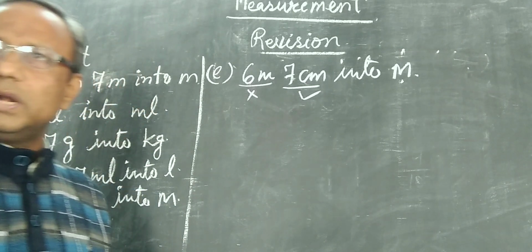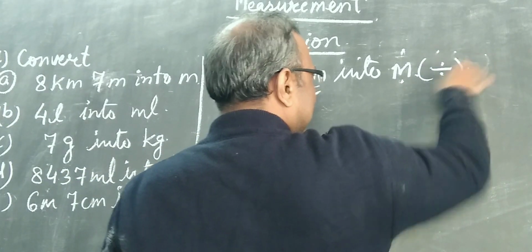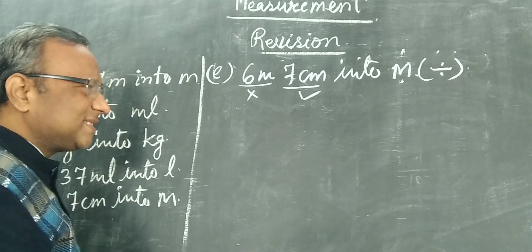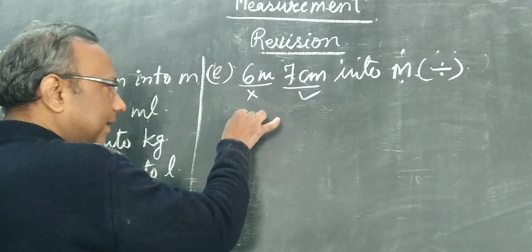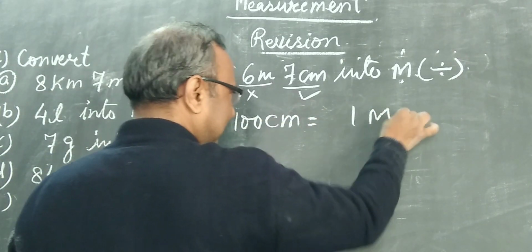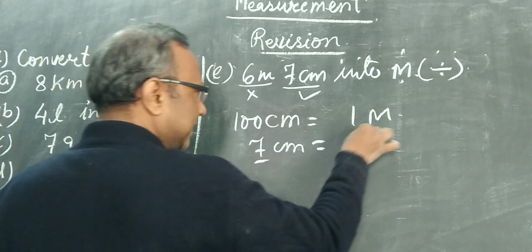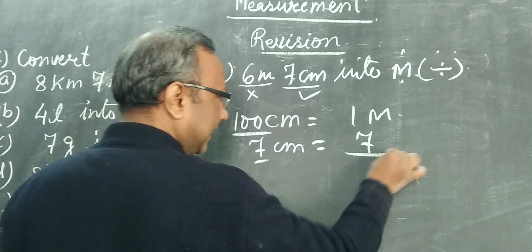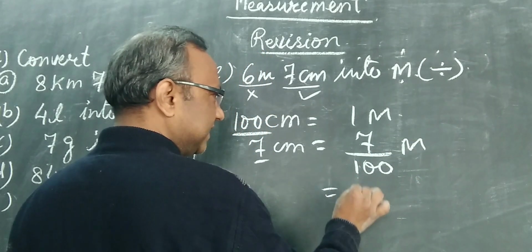It means smaller to greater. We will divide. This time I am not going to write the unit order. We know that 100 centimeter make 1 meter. Now bring 7 centimeter here. Write the numerator and divide by 100. Meter.